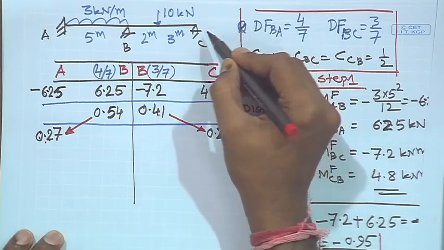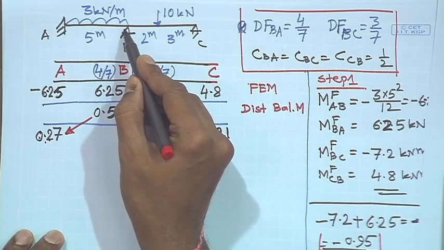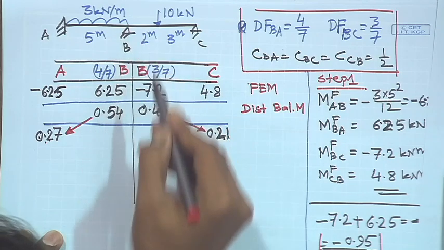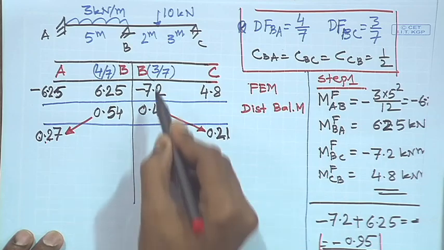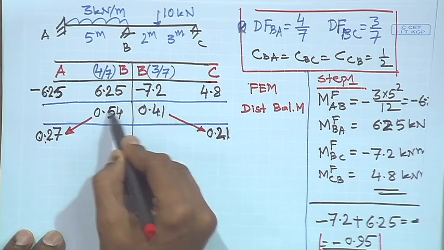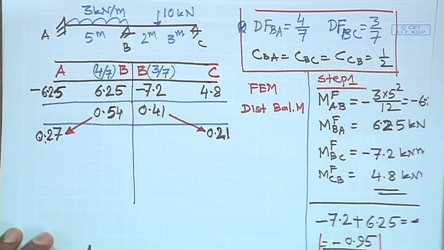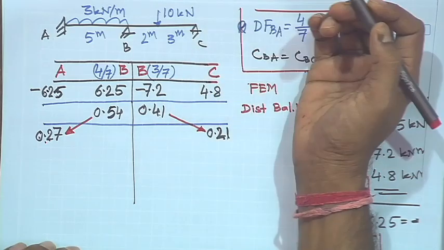Now, in order to satisfy the equilibrium condition at B, we applied a clockwise moment of 0.95 here at B, and that 0.95 moment gets distributed in BA and BC. Now, what is the equilibrium condition at joint C? Ideally, at joint C there should not be any moment.